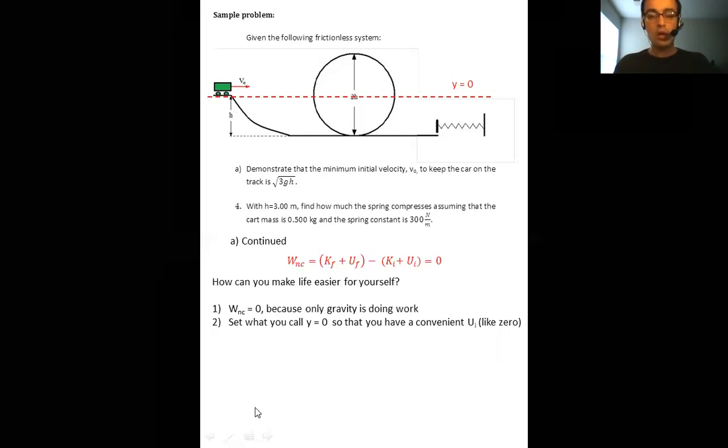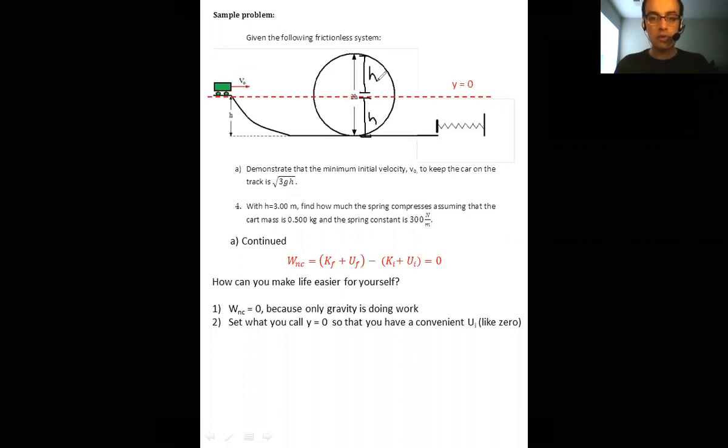We also know from the way this problem is set up, because this is 2h and this is h, that this distance here is h, and this distance here is another h. The radius of this circle is h.